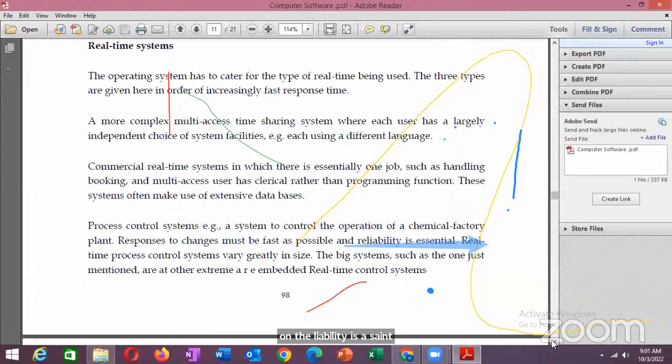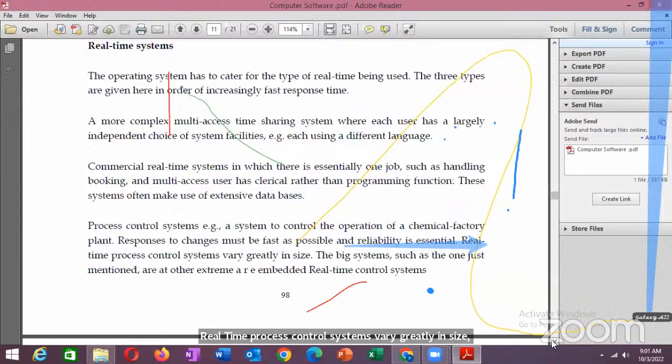Real-time process control systems vary greatly in size. The big systems such as the one just mentioned are at one extreme, and at the other extreme are embedded real-time control systems.